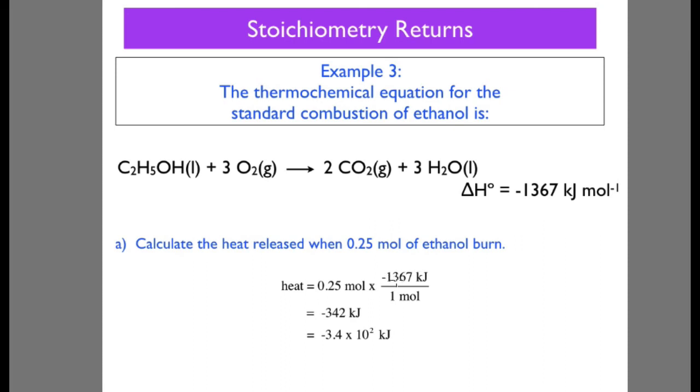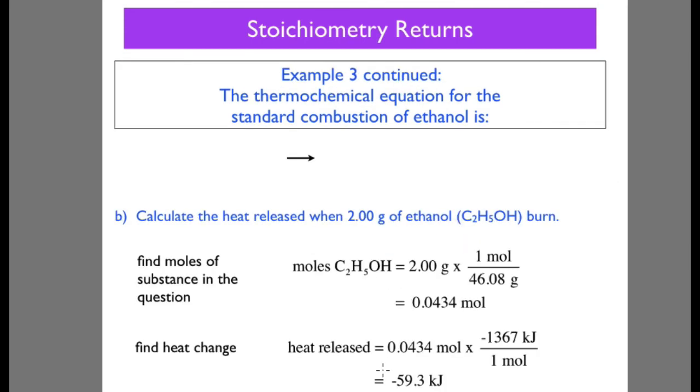We know minus 1367 kilojoules is for 1 mole, because we've got 1 mole of ethanol and we've got minus 1367 kilojoules per mole given here. So, conversion factor: we're trying to work out the heat released, so kilojoules will go on the top and cancel moles, and will give us minus 342 kilojoules, and we need to convert that to 2 significant figures.